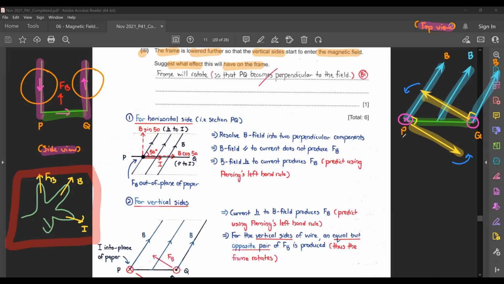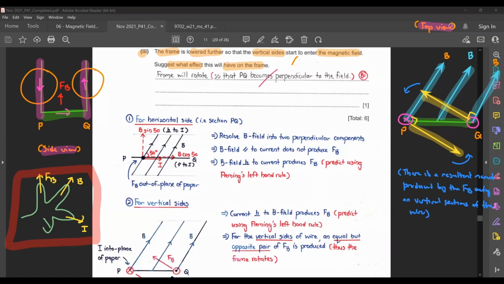You could say that overall, there is a resultant moment produced by the magnetic force acting on vertical sections of the wire.